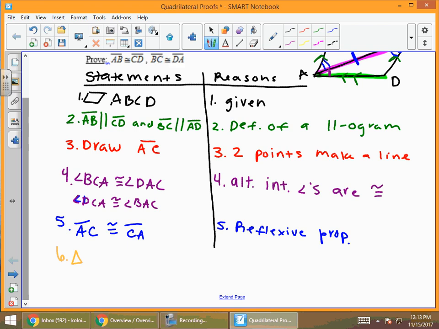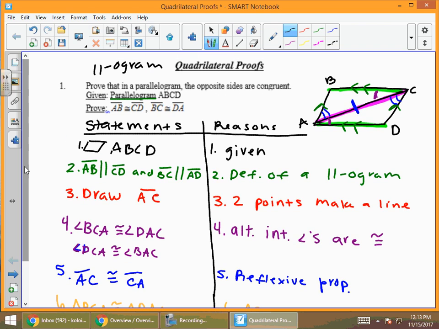So I'm going to steal this right here. I'm just going to say triangle BCA is congruent to triangle DAC. To steal an angle, put a triangle symbol. And just as she said, it's angle side angle. Okay, because we look angle, then a side, then an angle.